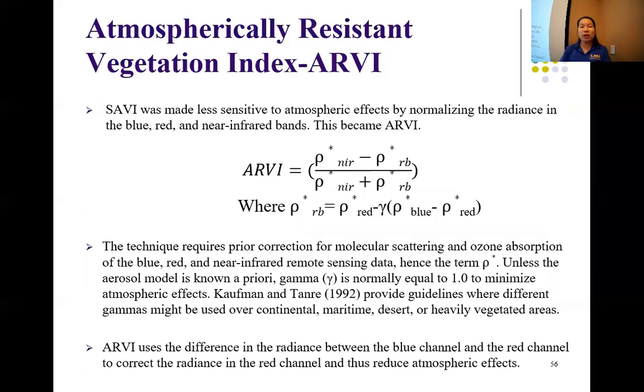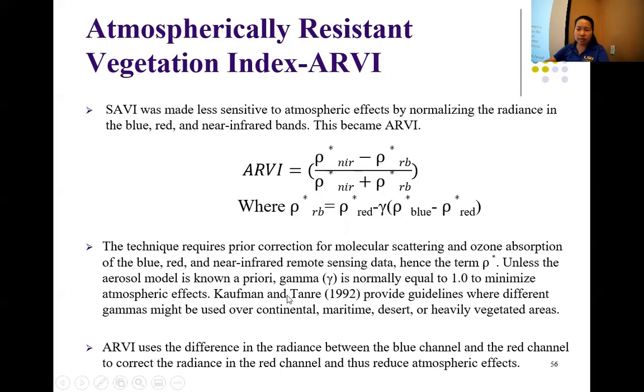And then the other one is called the atmospherically resistant vegetation index, ARVI. As you can see from the name, this method is basically claiming they can further reduce the atmospheric impact in the vegetation index. So SAVI was made less sensitive to atmospheric effects by normalizing the radiance in the blue, red, and near infrared bands, and this became ARVI.